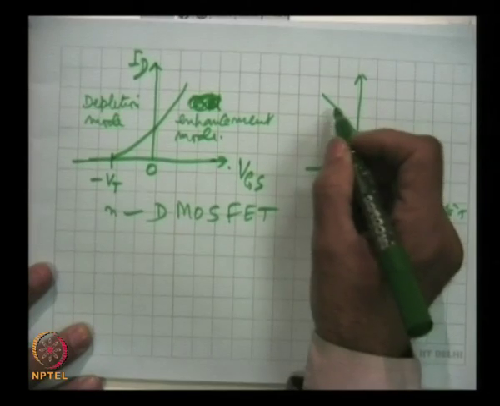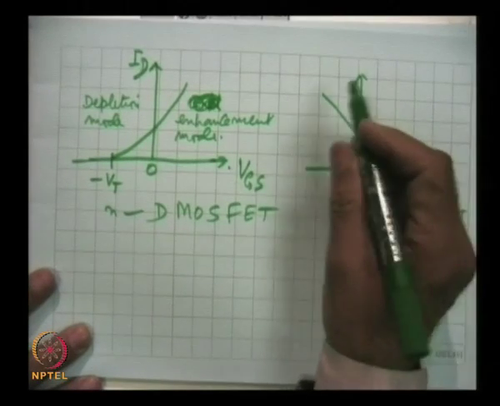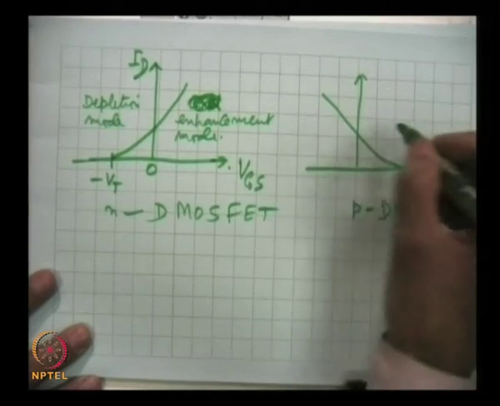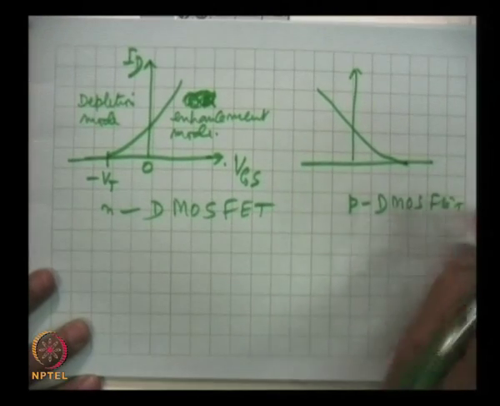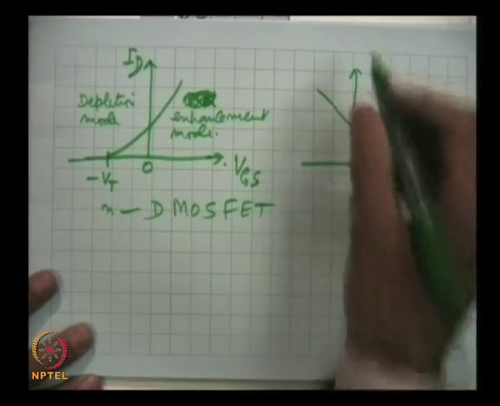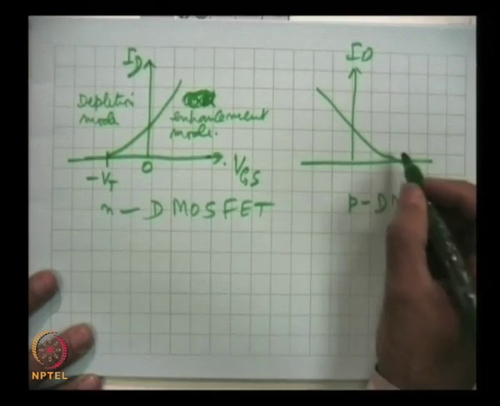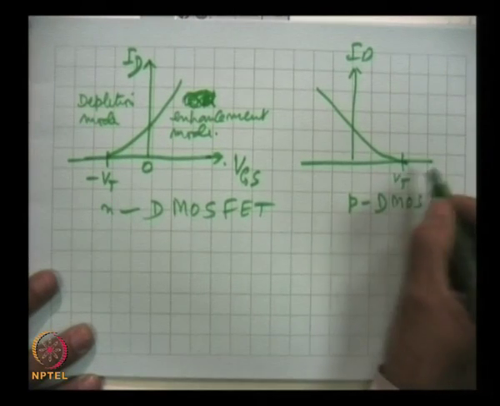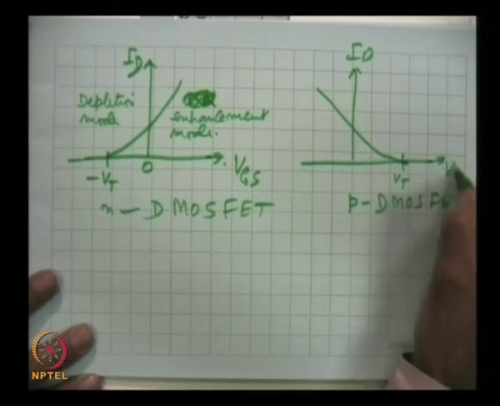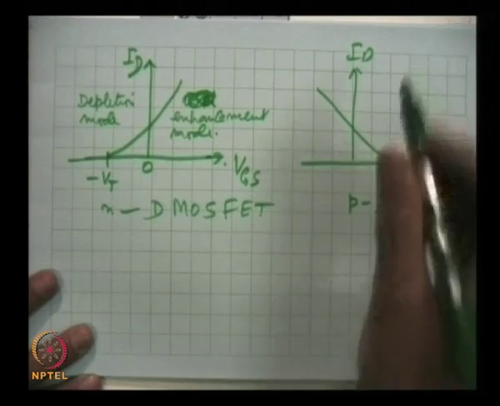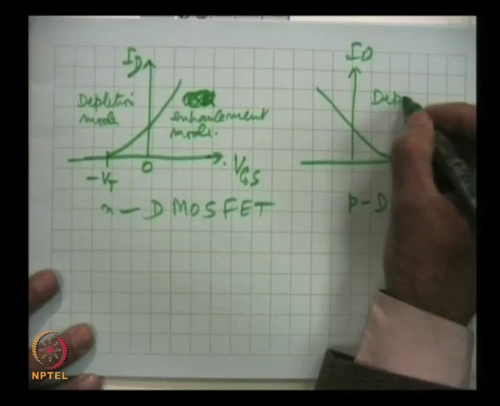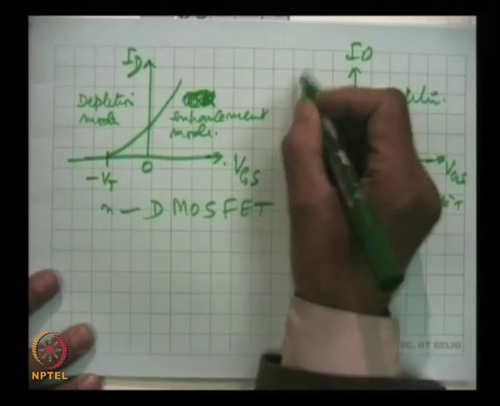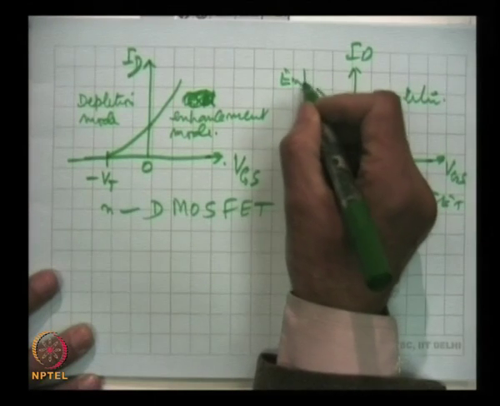This is for the enhancement mode, this is for the depletion mode of the p channel depletion MOSFET. This is ID, this is VT, and this is VGS. This is the depletion and this is the enhancement.